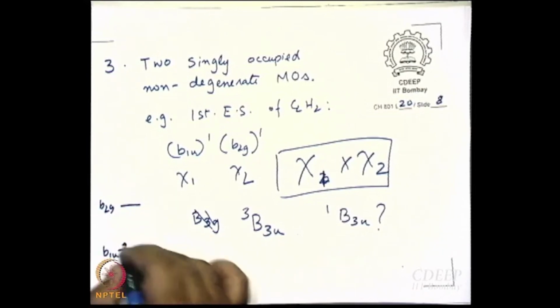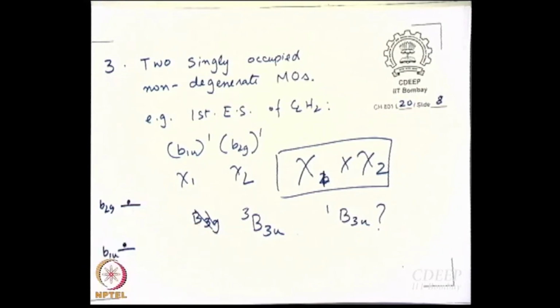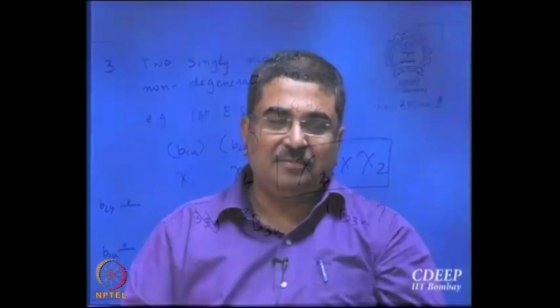I have one electron here, one electron here. Is it necessarily a singlet? Is it necessarily a triplet? Can I have both the wave functions? Justify that you can have both the wave functions.